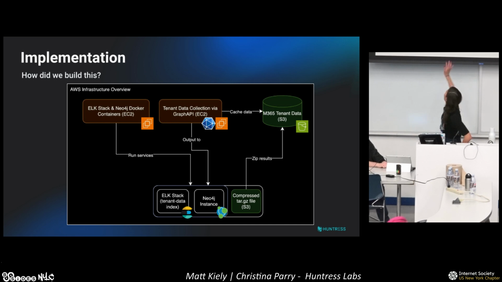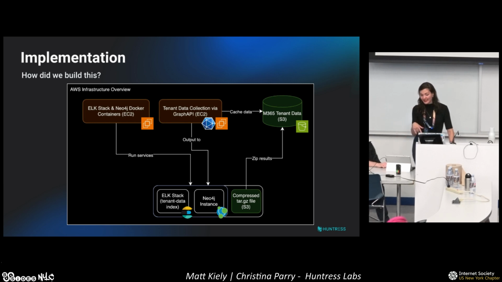I don't know how well you guys can see this, but this is an overview of the AWS infrastructure that we used for our implementation. As I mentioned in the previous slide, we have a Python script for collecting our tenant data that runs in a dedicated EC2 instance because we multi-threaded it. We wanted a beefy standalone instance to operate that.